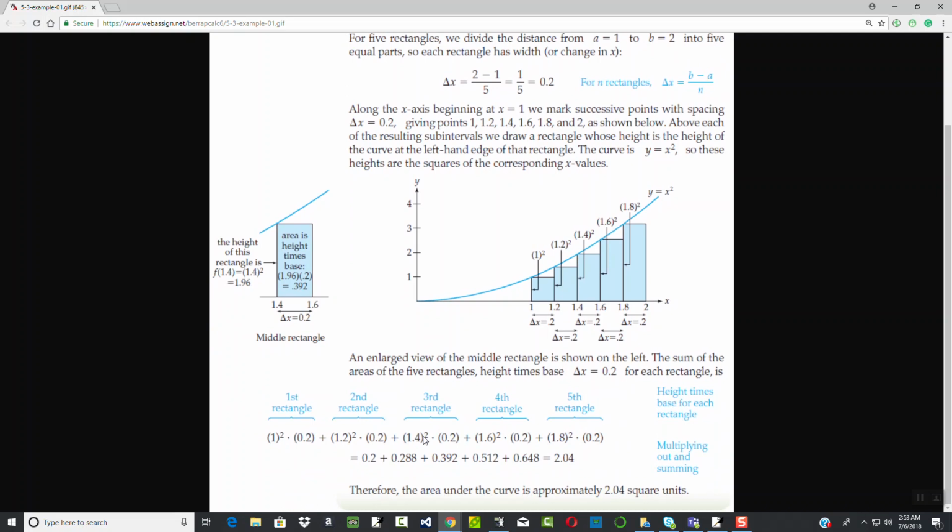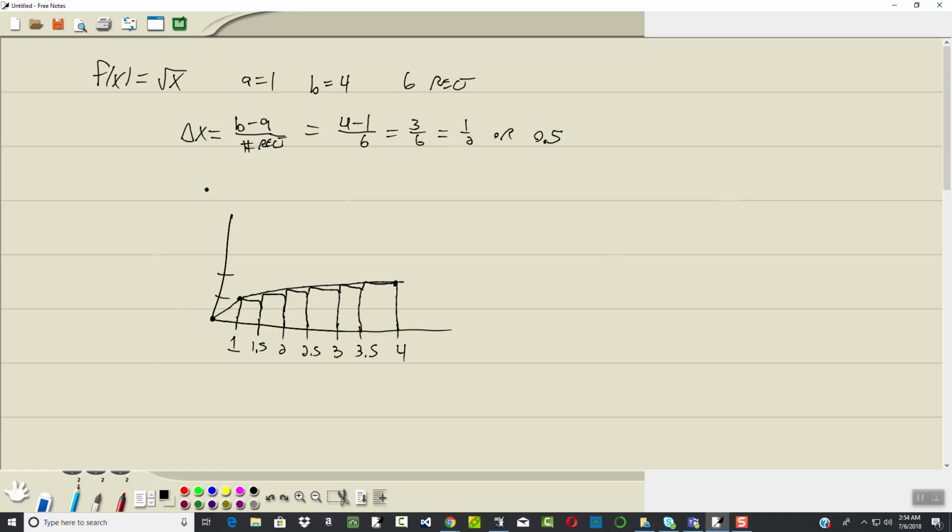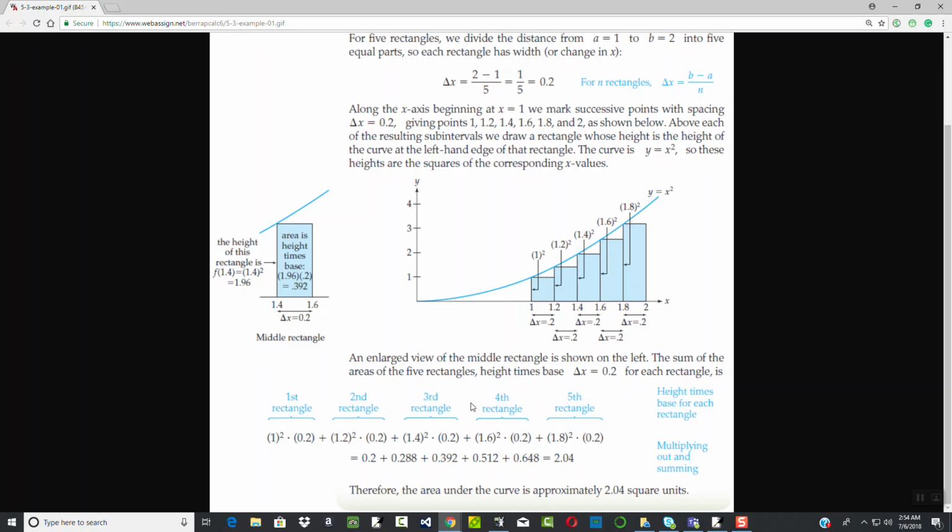Now down here then, it says the sum of the areas of the 5 rectangles, height times base for each rectangle, is given by this right here. Now you might say, well, 1 squared, where does that come from? Where's 1.2 squared, 1.4 squared? Well, if we said this graph is y is equal to x squared, or in our case, y is equal to square root of x, what they're doing is they're taking each one of these values here and plugging in for x.